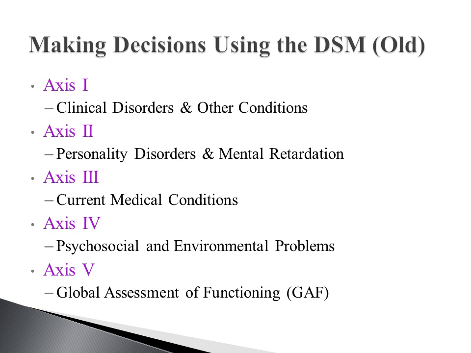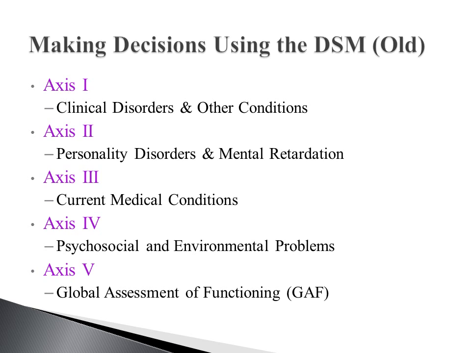Under the old version of the DSM, we made clinical decisions by evaluating clients on a multi-axial system. There were 5 different axes on which we assessed clients. The first was any clinical disorder or condition noted in the client.